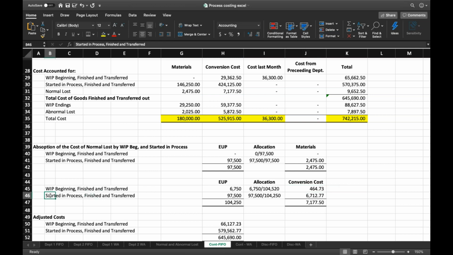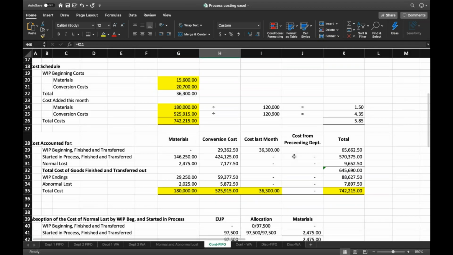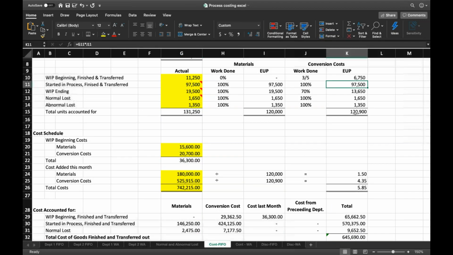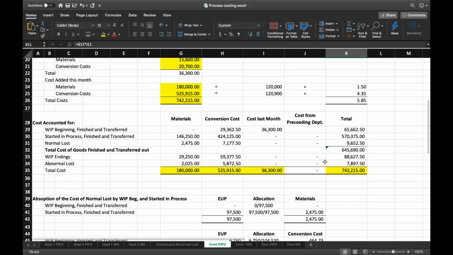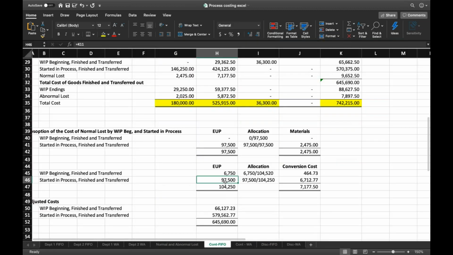Yun namang started in process, ang kanyang work done for conversion cost is 97,500, this one. So 97,500 over 104,250 times 7,177.50 equals 6,712.77.